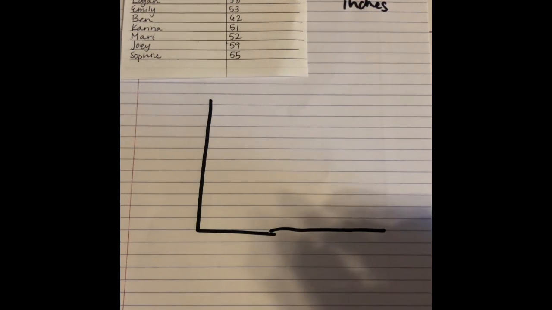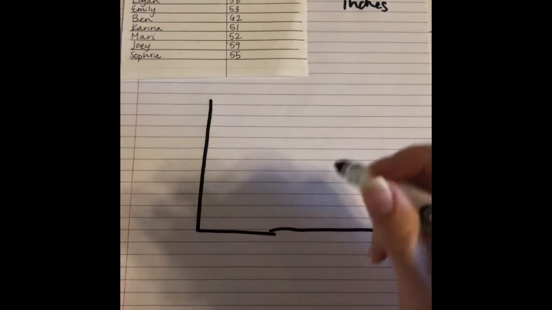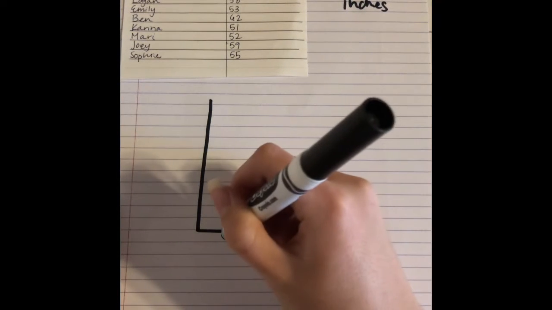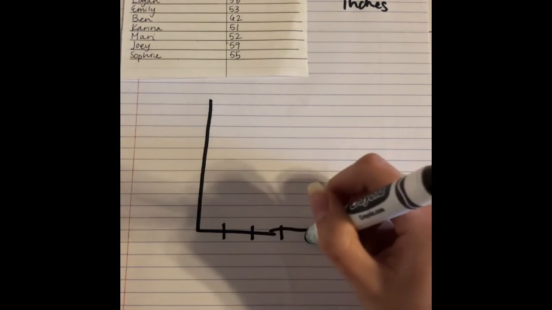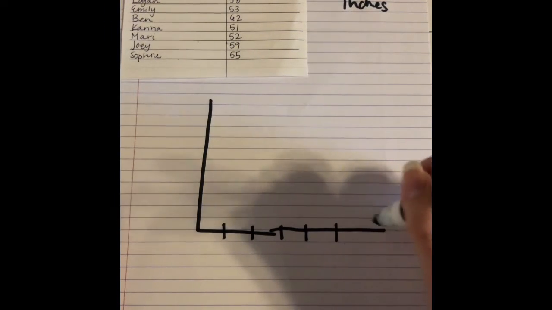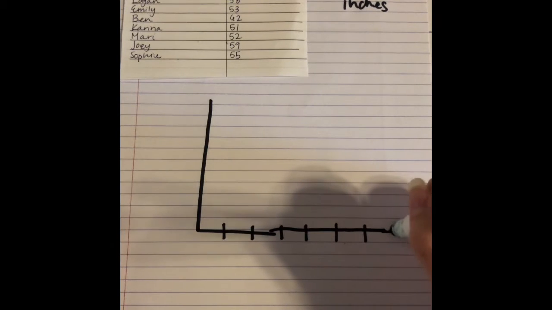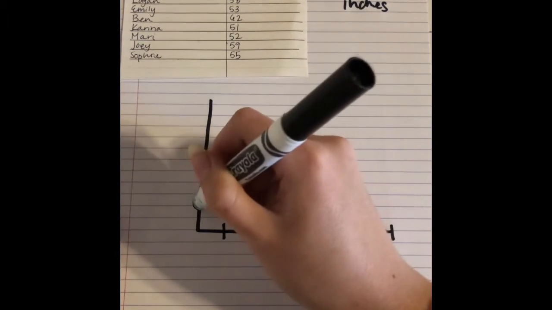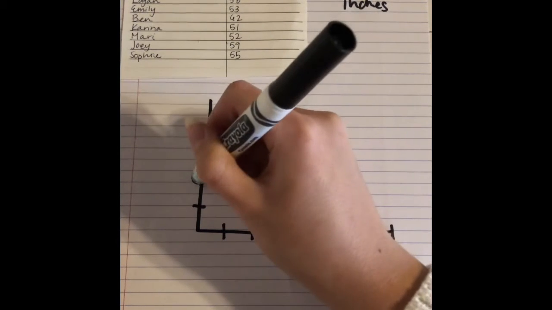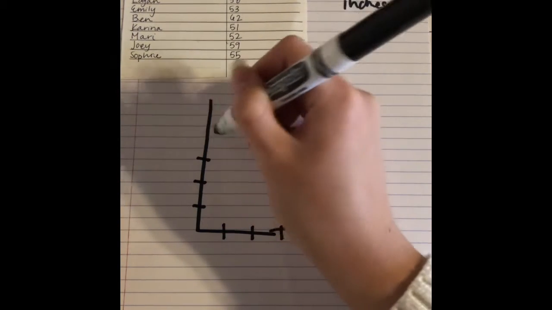Perfect. So I'm just going to draw some lines on, which are going to be where our bins are. I'm trying to make these evenly spread apart. And I'm also going to make some lines on our left hand side as well.